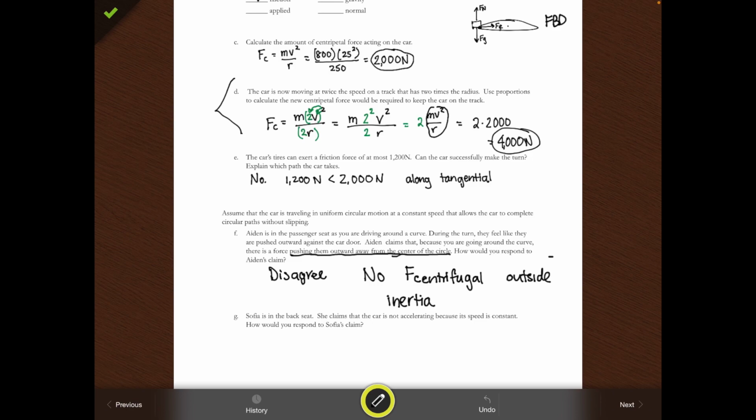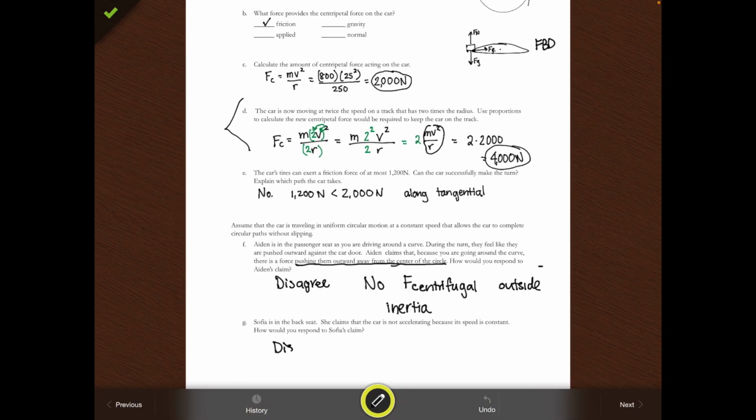I also disagree with Sophia. Sophia says the car is not accelerating because the speed is constant. This is not true. Whereas there is an acceleration that's equal to the change in velocity over change in time, I want you to notice that velocity is a vector, which means it has both magnitude and direction. While the linear velocity isn't changing, it's not speeding up or slowing down, you do have a centripetal acceleration.